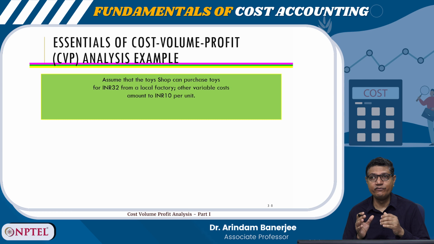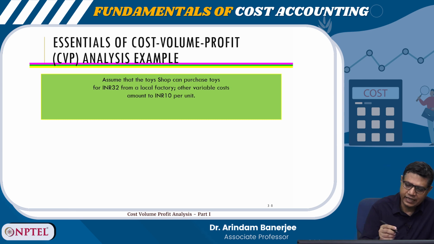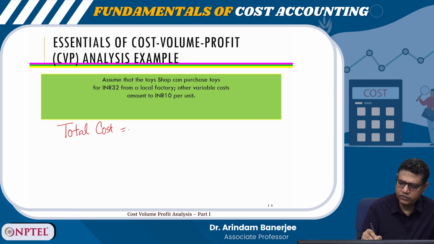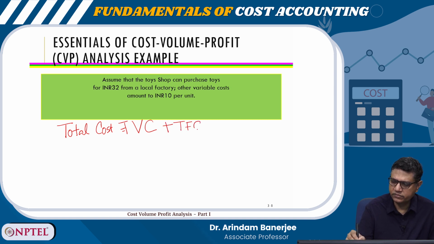How they behave with the change in level of production, that we need to first understand. So, I am writing like this: total cost is equal to total variable cost plus total fixed cost.